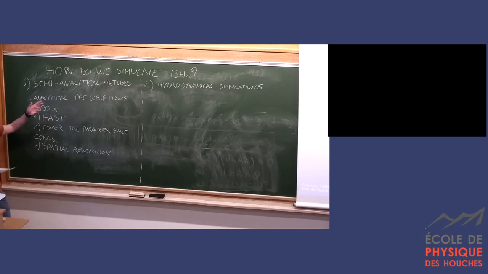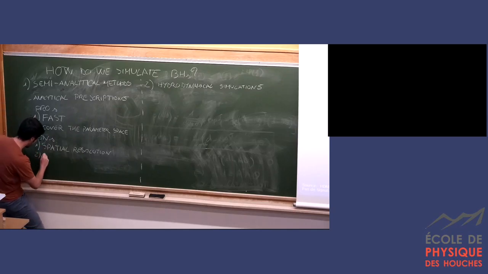Because again, they are analytical, they do not care about properties like the distance of the black hole. It will be a bit clearer when I discuss the hydrodynamical simulations. And the second point is, as I said, that they also have analytical approaches.